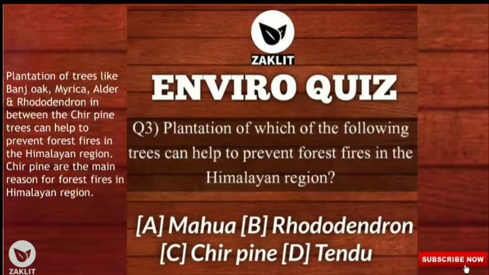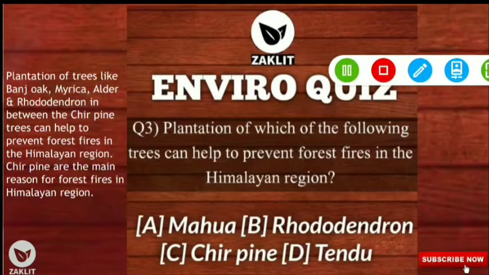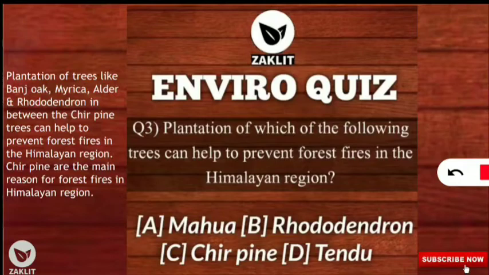The third question was, plantation of which of the following trees can help to prevent forest fires in the Himalayan region? So this was a bit confusing question for some of you. So here option B will be correct. Rhododendron species help to prevent forest fires in the Himalayan region. How? By plantation of trees like, so some other trees also you should note down, such as banj oak, myrica, elder and rhododendron.